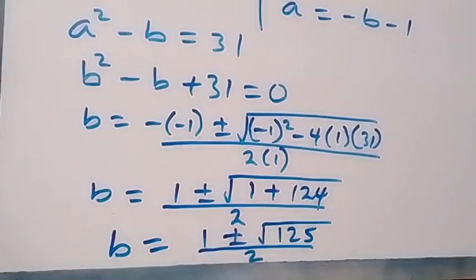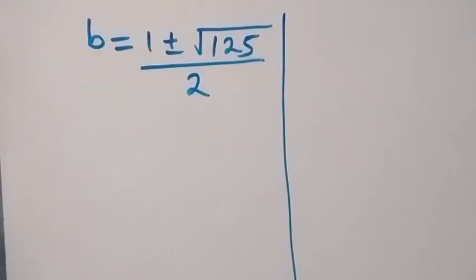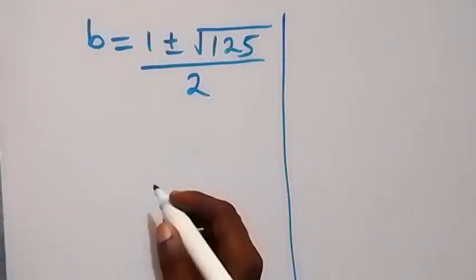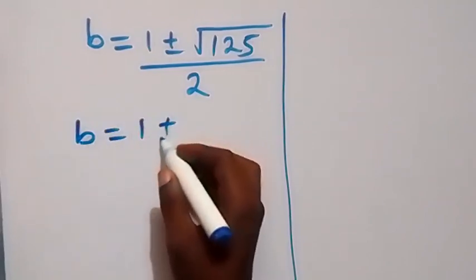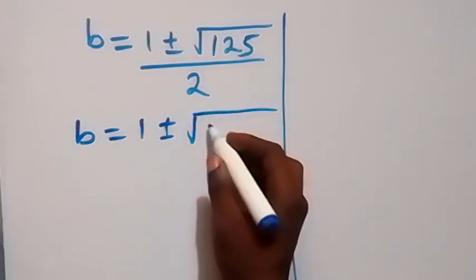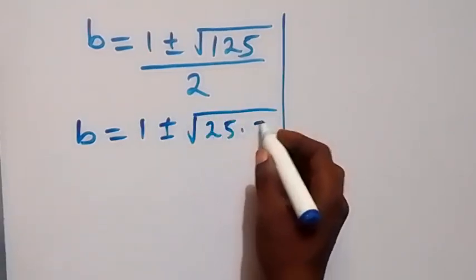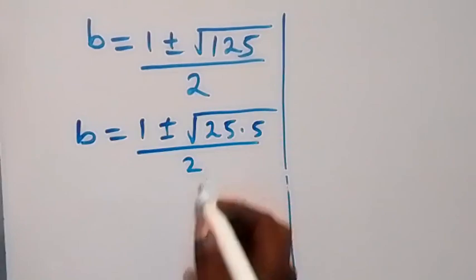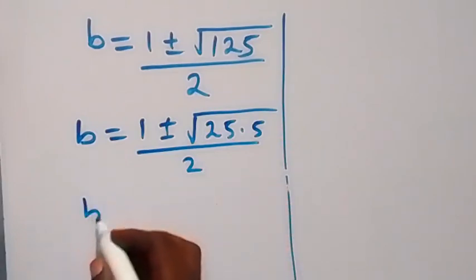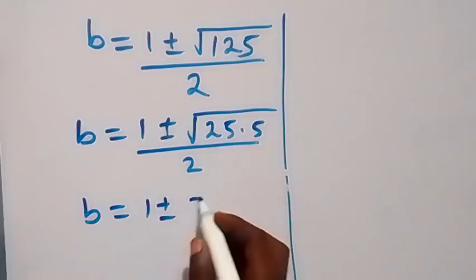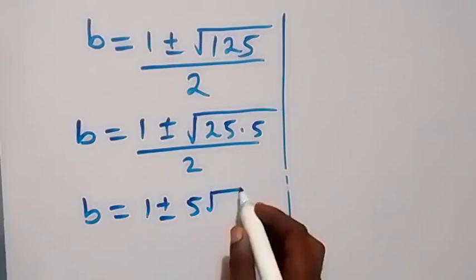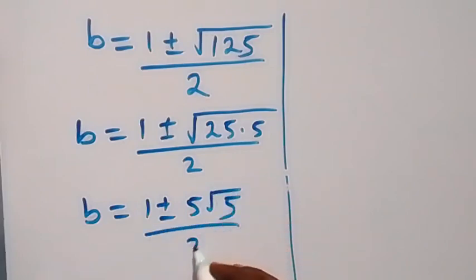Then 125 here can be written as 25 times 5, then B now equals 1 plus or minus square root of 25 times 5 over 2. Then B equals 1 plus or minus root 25 is 5, then root 5 over 2.